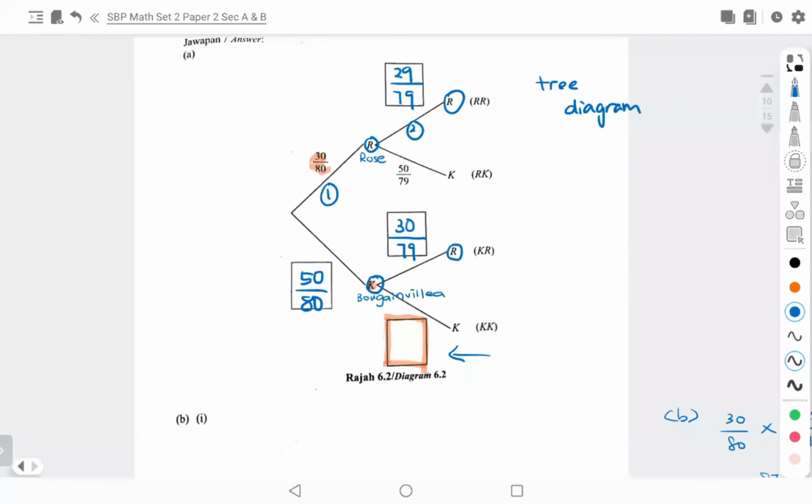Okay. What's the answer here? Oh, 49. It's not 30 minus 1. It's 49 over 79. You know why?